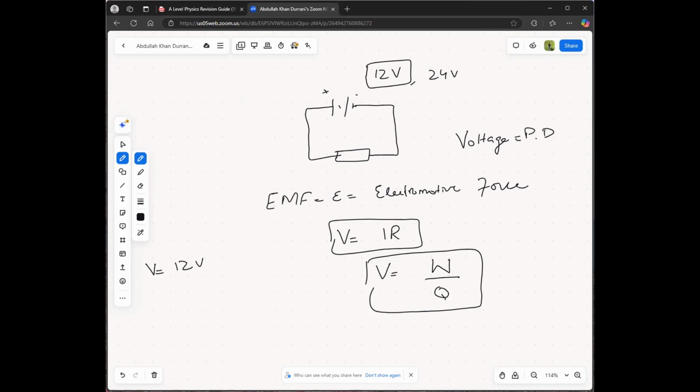So let's say I enclose this battery, and what is outside is a resistor. I'm going to call this external resistance, and we usually denote it by a capital R. There must be an internal resistance in the battery as well, because everywhere charges are moving there is some resistance. That is denoted by a small r.